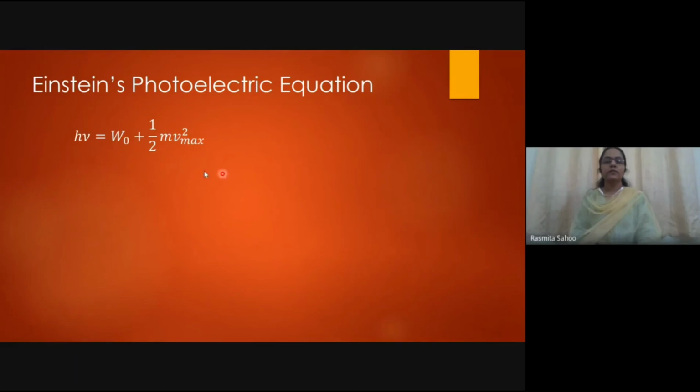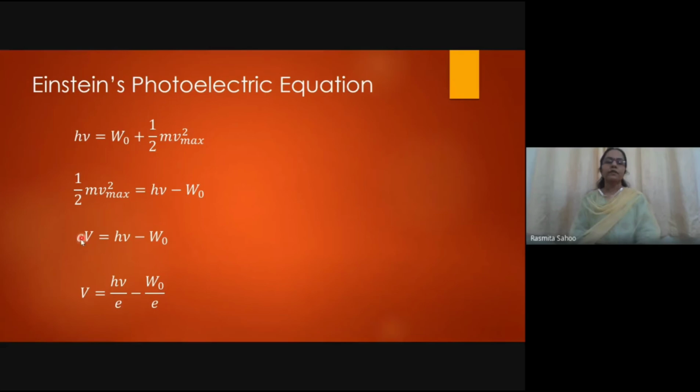This is the equation given by Einstein. Reshuffling it, I am writing half m v max square equals h nu minus W0. Electrons are moving in an electric field of potential V, so this kinetic energy should equal the electrical energy. So this is replaced by eV equals h nu minus W0.